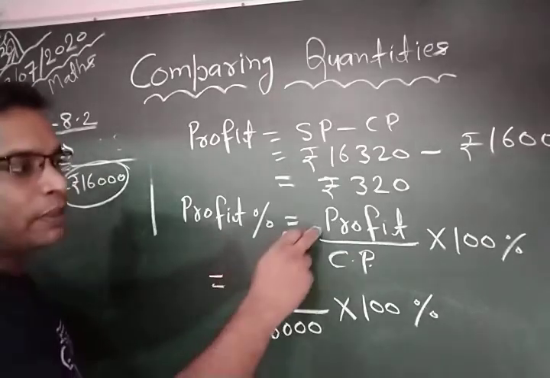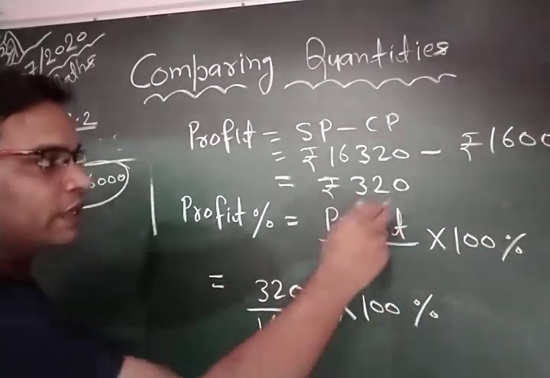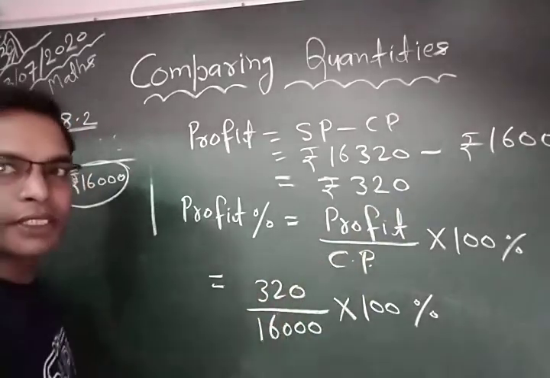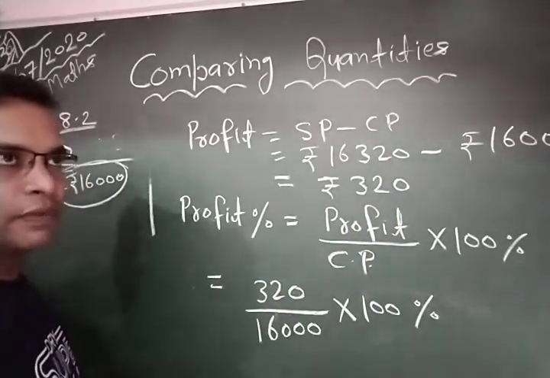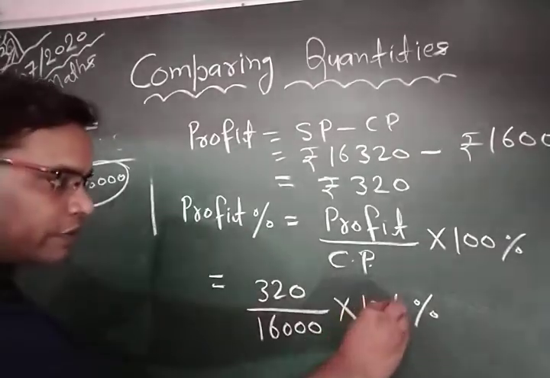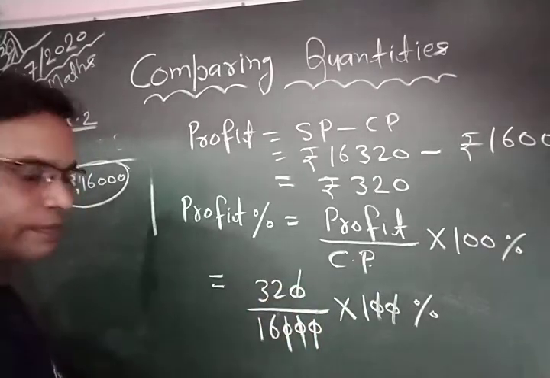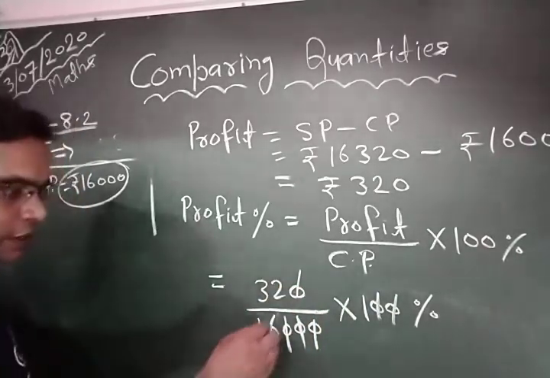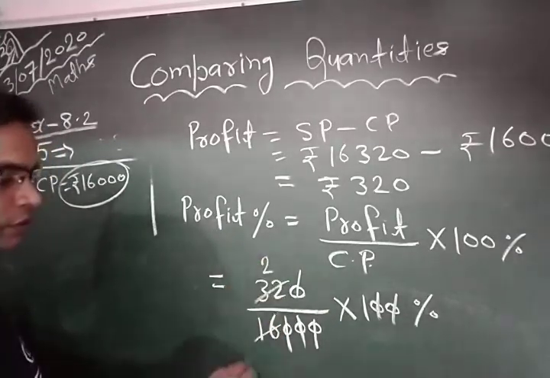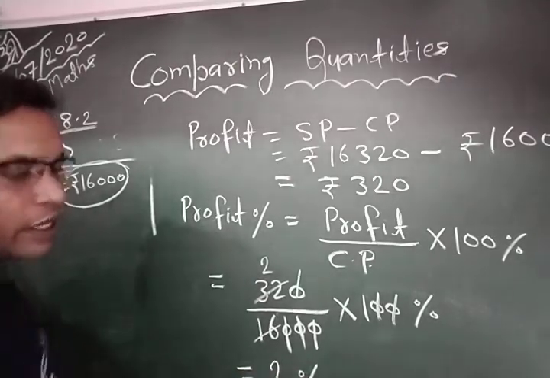Profit percentage is equal to profit by CP into 100%. Profit is 320, and the total cost price of TB and BCR is 16,000. So we cancel the zeros, and 16 into 2 is 32. So in this way we obtain the profit in the whole transaction.